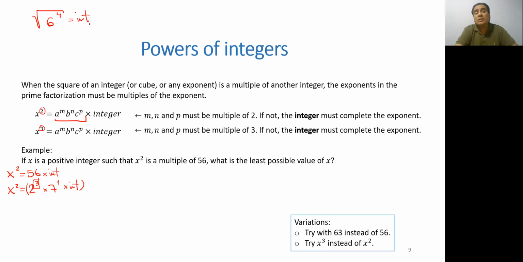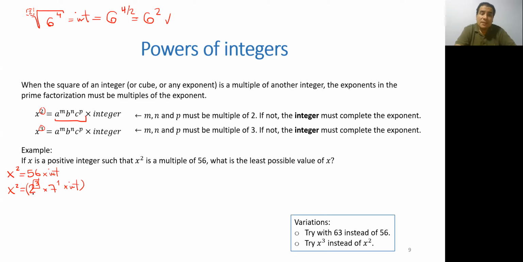How so? Because you apply the property: 6 to the 4th divided by 2, the index of the radical here, which is 2. So 6 to the 4th divided by 2 is 6 squared, and this is an integer, right? So that means that if a power has an exponent that is a multiple of 2, then it follows that the number has an integer square root.